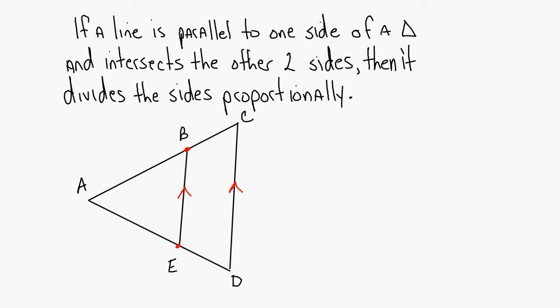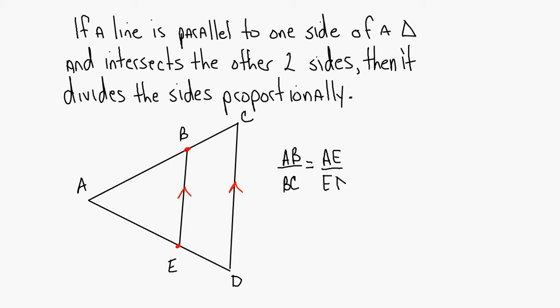So this segment BE divides side AC of the big triangle and side AD into proportional pieces. It means that this segment AB over segment BC is going to be equal to segment AE over what?